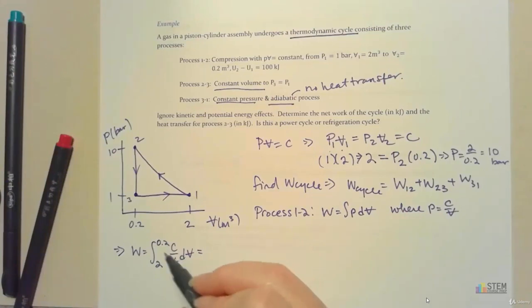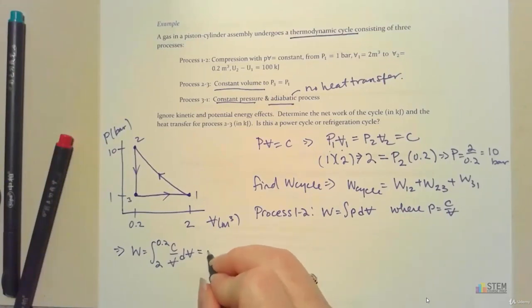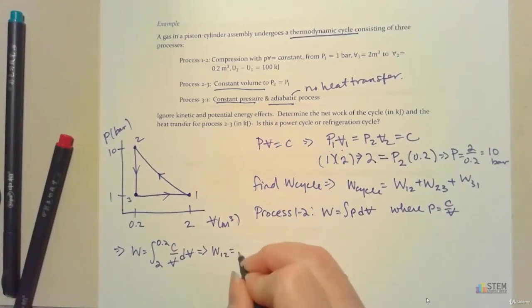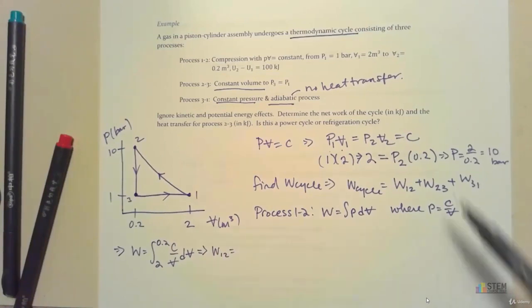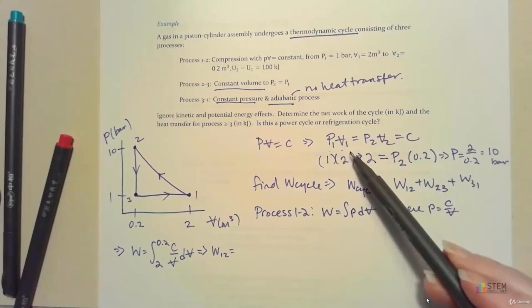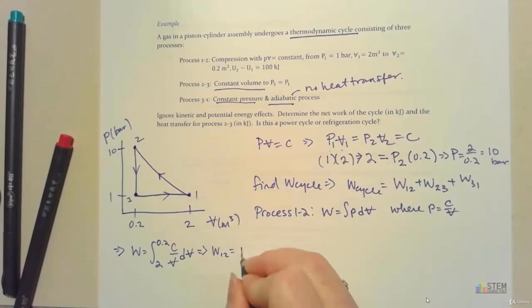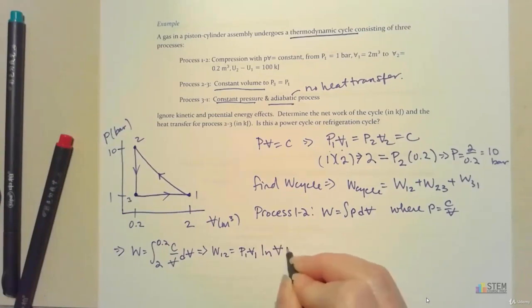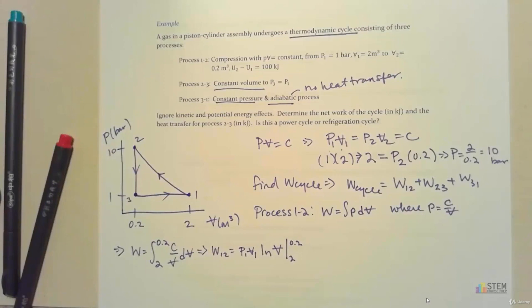So basically you're doing the integral of dV over V. So that is going to give you a work of C, which we're going to say is P1 V1, times the natural log of volume, and then we're going to evaluate at 2 and 0.2. Alright, so that's going to give you P1 V1 times the natural log of 0.2 over 2.